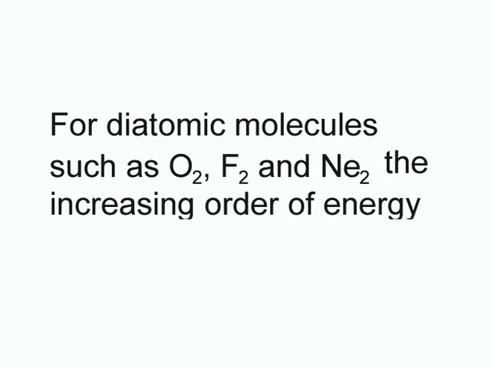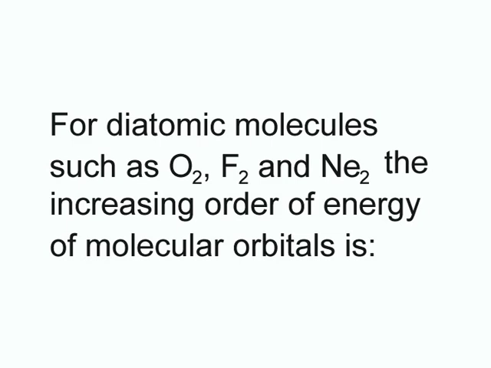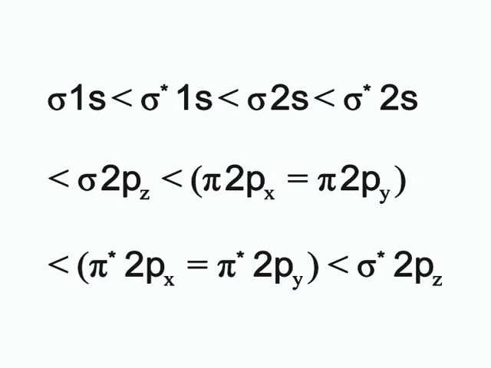For diatomic molecules such as oxygen, fluorine and neon, the increasing order of energy of molecular orbitals is: sigma 1s has lower energy than sigma star 1s, it has lower energy than sigma 2s, it has lower energy than sigma star 2s, it has lower energy than sigma 2pz, it has lower energy than pi 2px, its energy is equal to pi 2py.